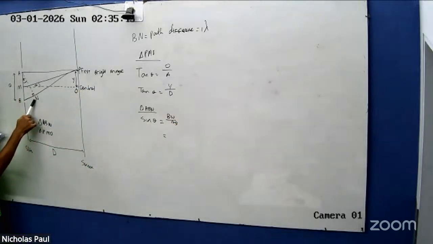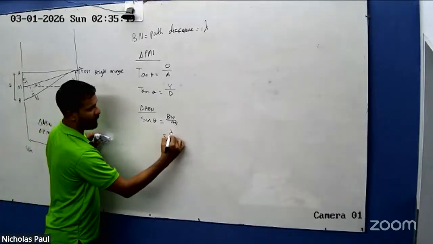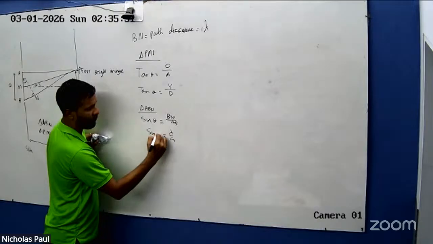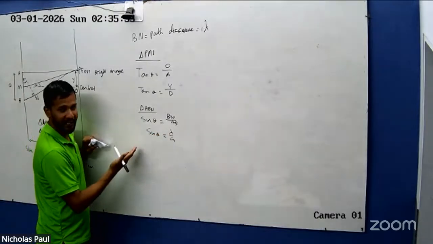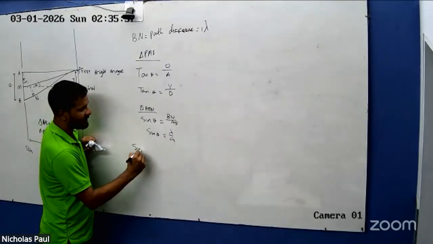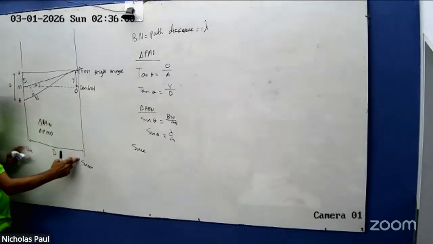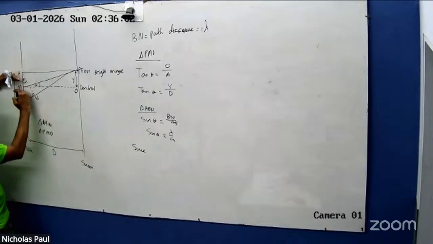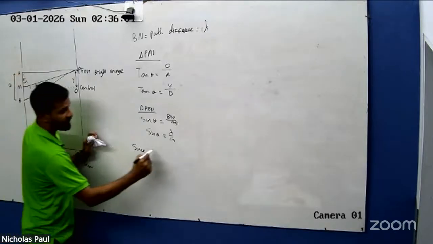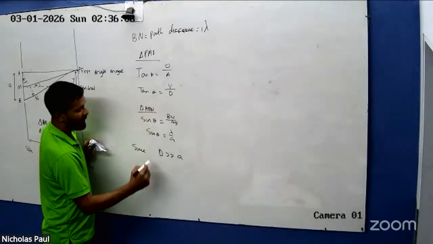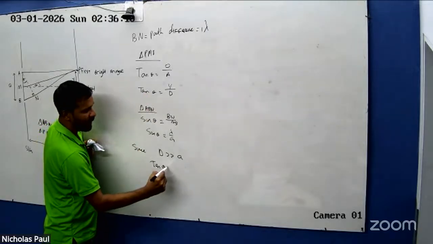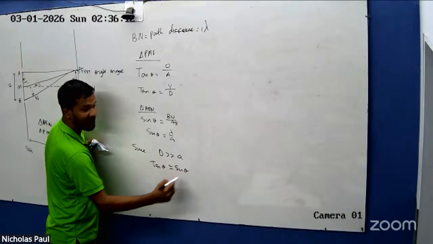BN is lambda, over a. Here's something we cannot do in pure math that you have to accept: since D is much, much bigger than a, tan theta is approximately equal to sine theta.